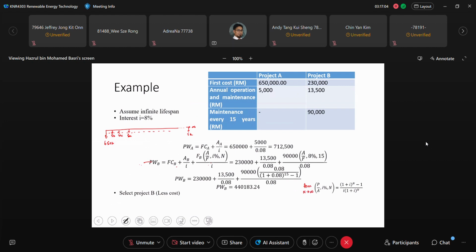What is the limit? This is equal to the limit when n tends to infinity of this term. Let's start with this term first: the limit when n tends to infinity of the term 1 plus I to the power of n minus 1.